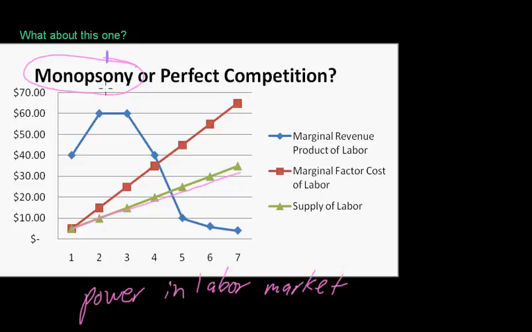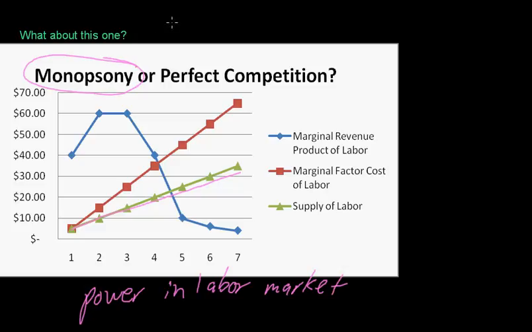So that's just to clear my conscience that I'm not giving you bad information. In this course, the only firms that are going to face an upward sloping labor supply curve are a monopsony, but there are other market structures where you could have 2 or 3 employers, and they might also face an upward sloping labor supply curve.